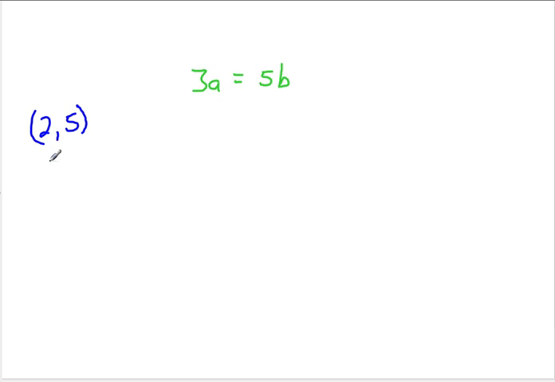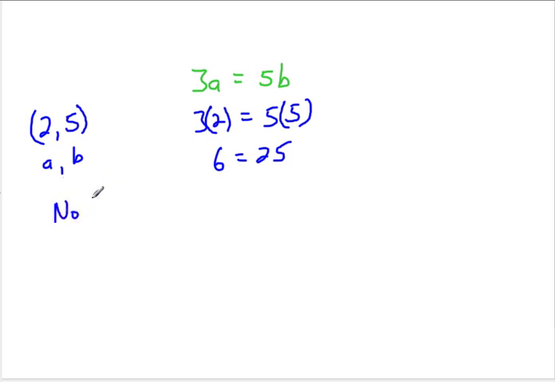Well, the 2 would be the a, and the 5 would be the b, because it's in alphabetical order. So between the two letters, the first one is always the earliest in the alphabet, and the second one is always the latest. So we would say 3 times 2 equals 5 times 5, and obviously this is not correct. So we would say 2, 5 is not a solution to this equation.